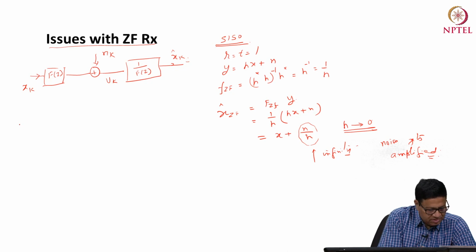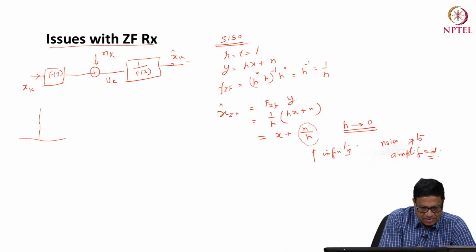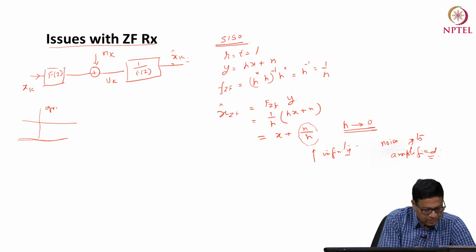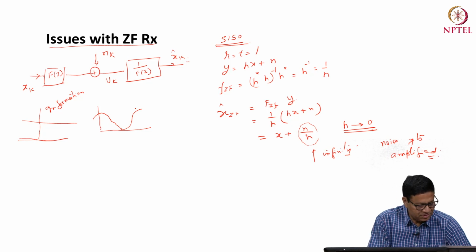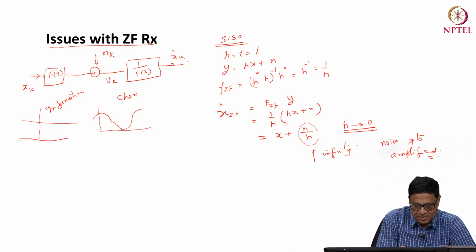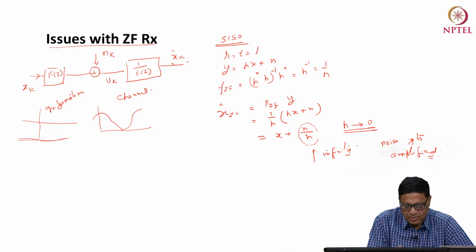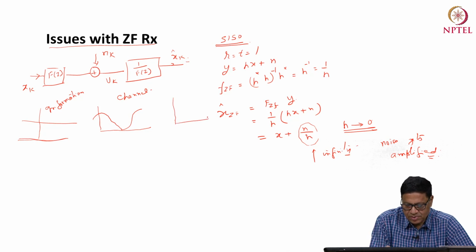Suppose your information is this. And the channel happens to be, say, like this. I'm deliberately showing h going to 0 at some place. Channel characteristics are given by this. So this is the channel, and this is, say, noise.